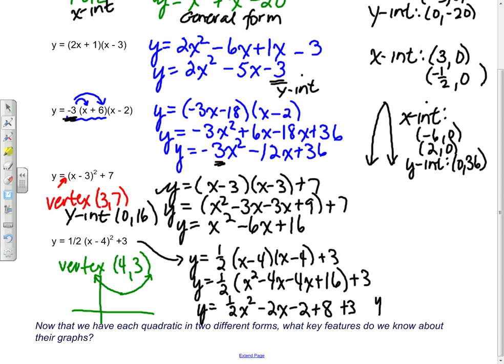Tidying it up, I get y equals a half x squared, again indicating that it is opening upwards with a wide look to it because my step pattern has been compressed by a factor of 1/2. I missed an x in here. All right, my x's will give me minus 4x. And my y-intercept, 8, 9, 10, 11, is what this particular form gives me most easily.